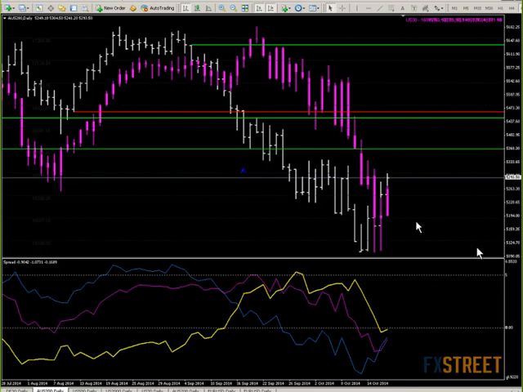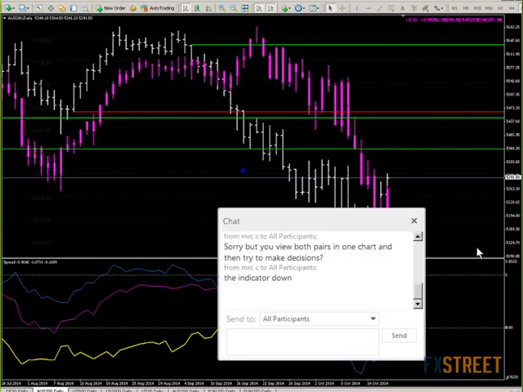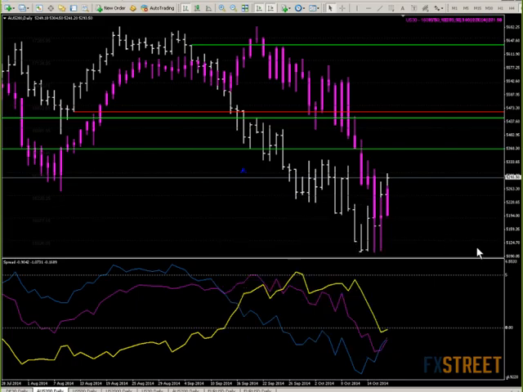The indicator down there, what does that mean? Could you please elaborate on that? I don't know what that means. The yellow line, yeah. That's the spread. Okay, so the yellow line for us is the spread. You can see here it's sitting at around 0, which is that one there, 0.16.